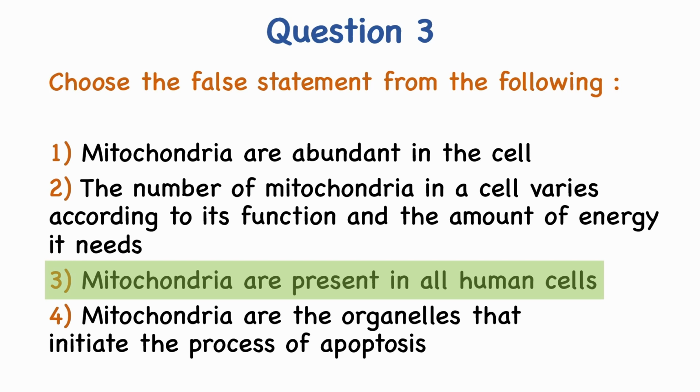Some cells that do not need energy do not have mitochondria, and we gave an example for this: red blood cells that do not have a nucleus or mitochondria.